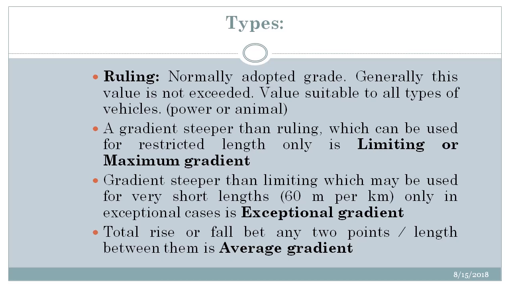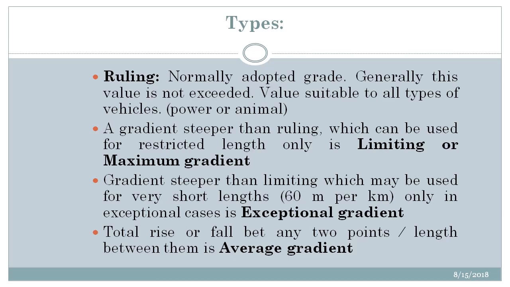Ruling gradient. Limiting gradient. Exceptional gradient. Ruling, normally adopted grade. Generally this value is not exceeded. Value suitable to all types of vehicles, power or animal. A gradient steeper than ruling, which can be used for restricted length only, is limiting or maximum gradient.